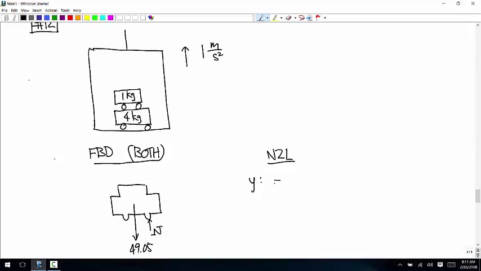So we have 49.05 in the negative y direction plus n is equal to the mass of 5 kilograms times the acceleration, which in this case is positive 1, and so n is equal to 49.05 plus 5, so 54.05 newtons.